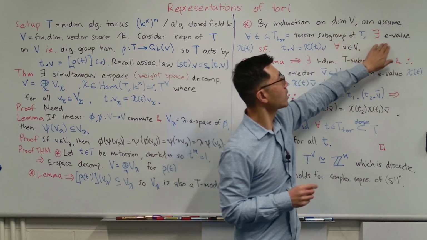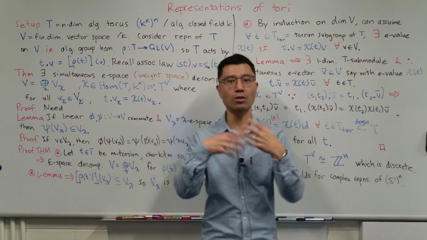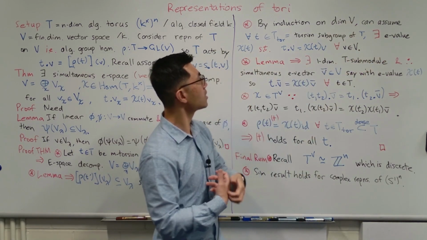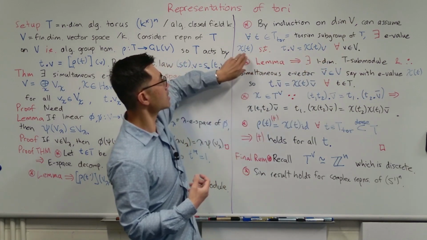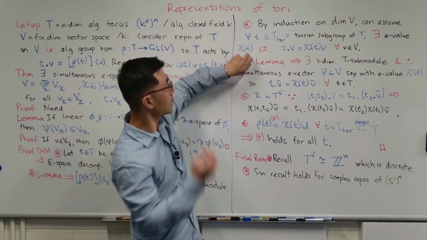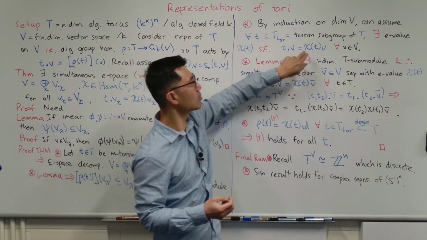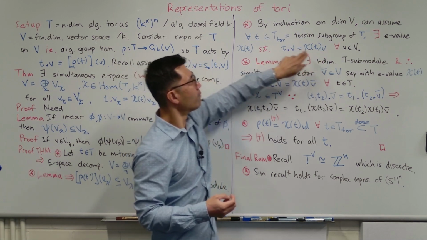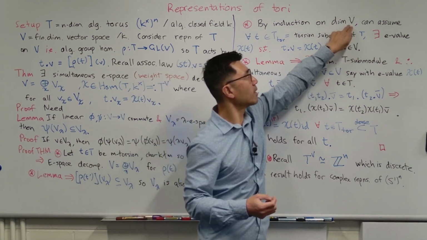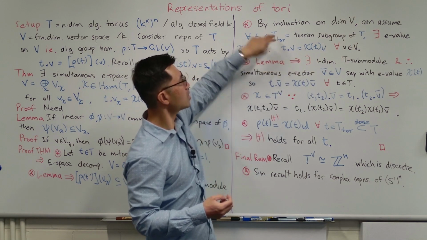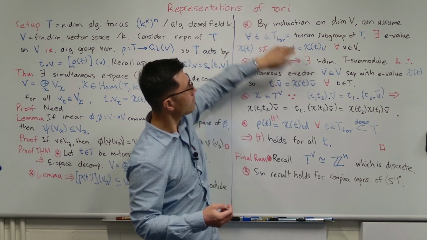We can assume that this V is a single eigenspace, and let's suppose that the corresponding eigenvalue is chi of T. So in other words, T dot v equals chi of T v for all v inside this big V and all T which is torsion.